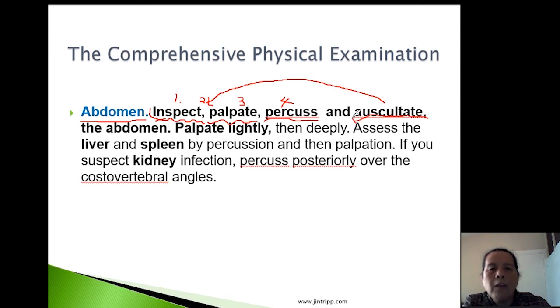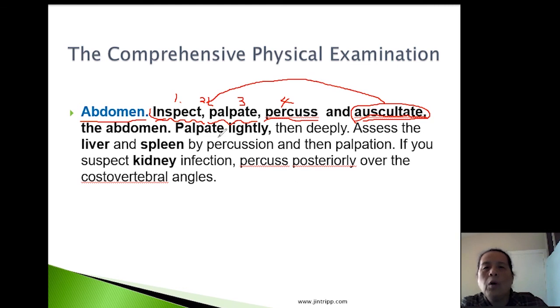So why do we move auscultation forward? Because in the abdominal area, we know we have a lot of organs there, especially the small intestine and large intestine, and they have a lot of movement.